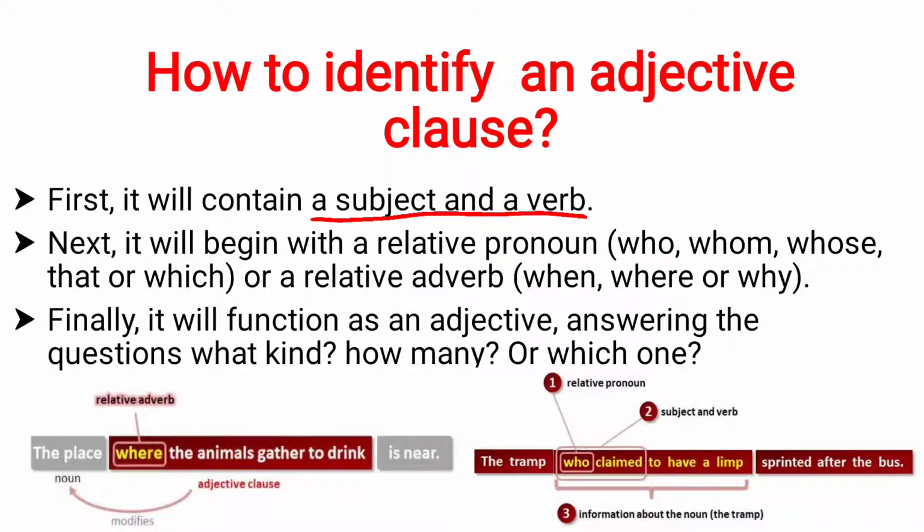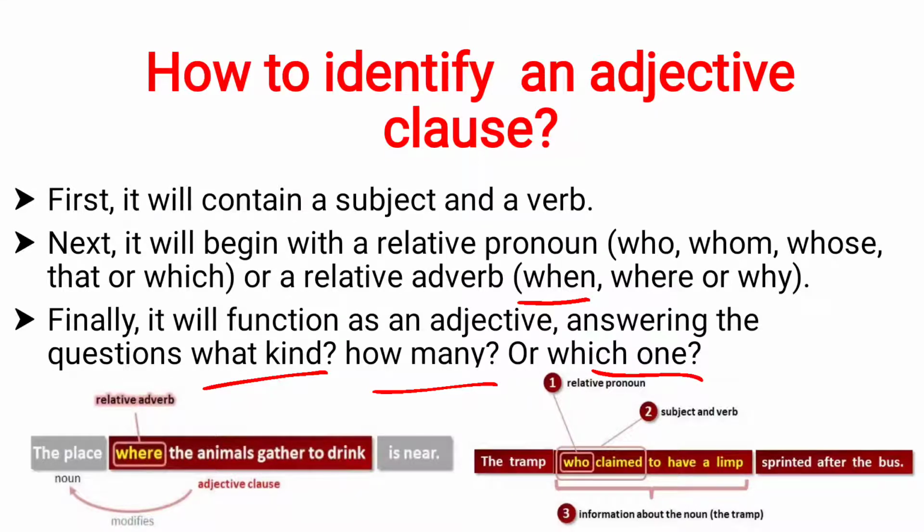Second, it will begin with a relative pronoun like who, whom, whose, that, or which, or a relative adverb when, where, or why. And thirdly, the most important, it will function as an adjective, meaning it will answer questions like what kind, how many, or which one.